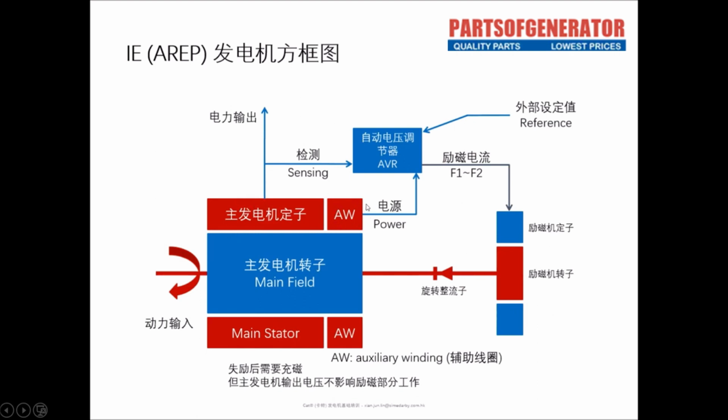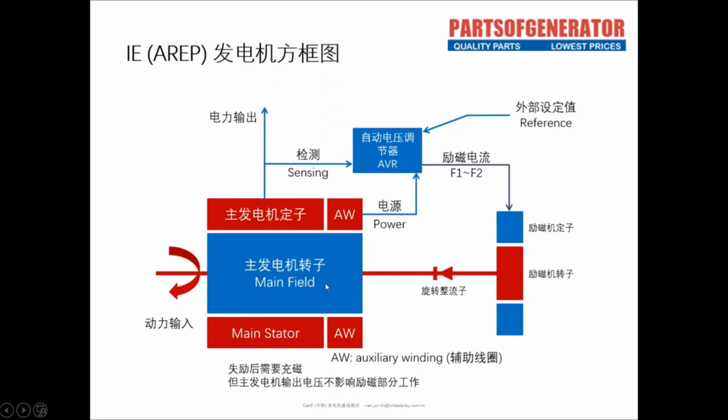The advantage of using such a separate power supply is that the power supply of the AVR will not be affected by the output voltage of the main generator. Suppose we add a large load to it and the voltage of the main generator drops a lot. But no matter how much it drops, it will not affect the voltage output of the auxiliary coil.